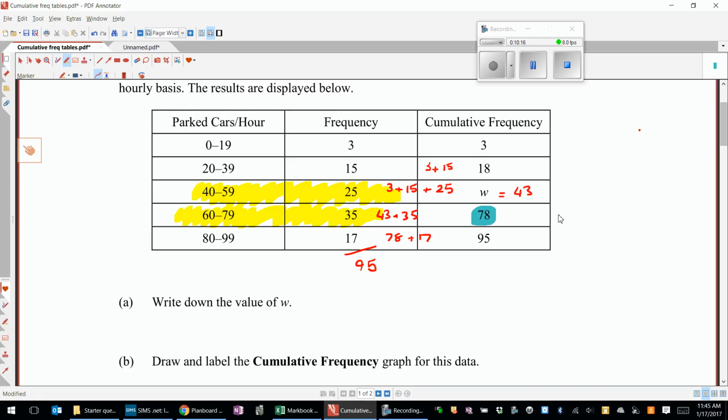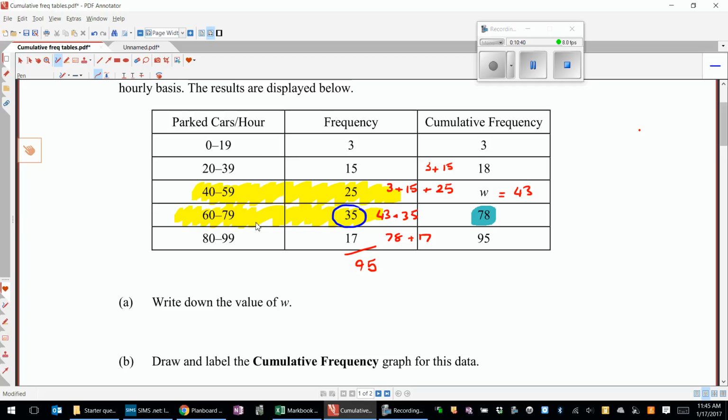Oh, I don't know. But, well, it's like there's 78 cars that have been between. Remember, it's not 78 cars. It's 78 times there was 0 to 79. Okay, good. So the number changes. This number 35 was how many times it was between 60 and 79.